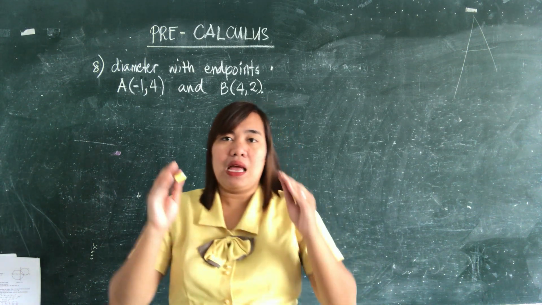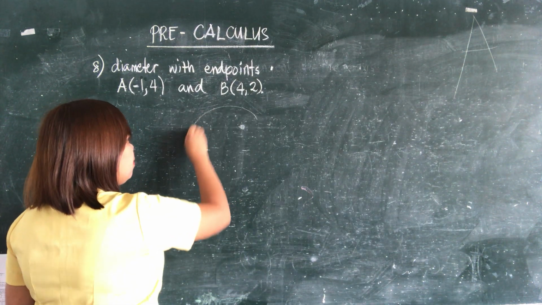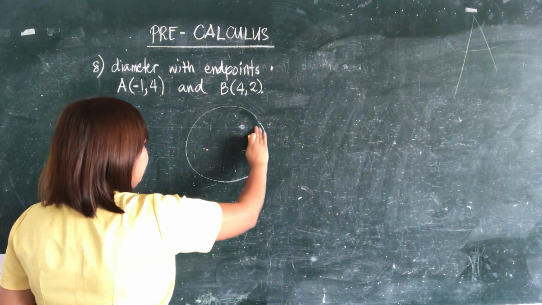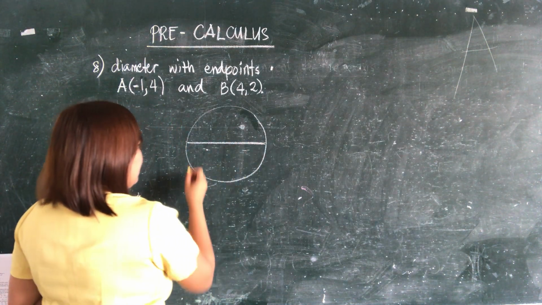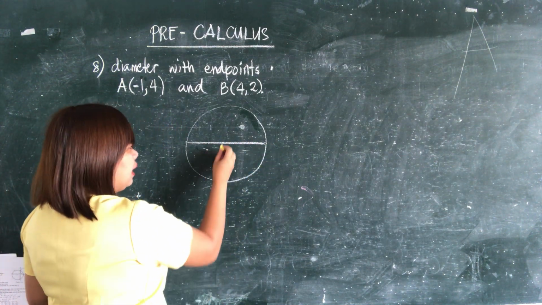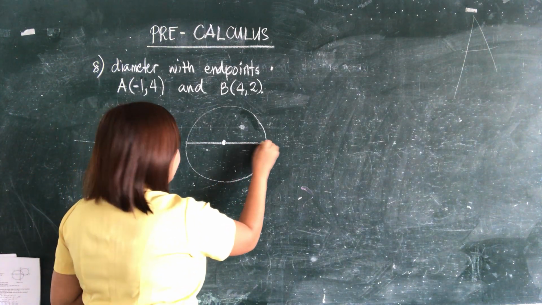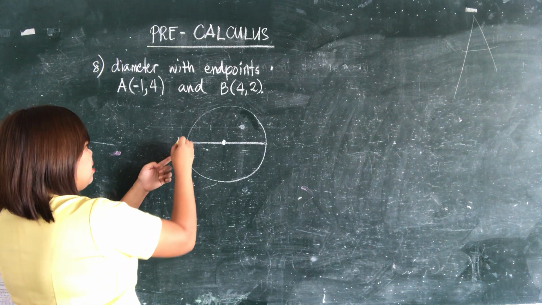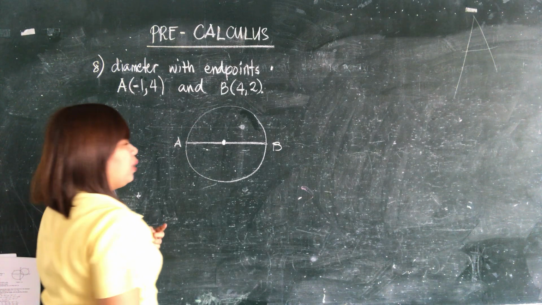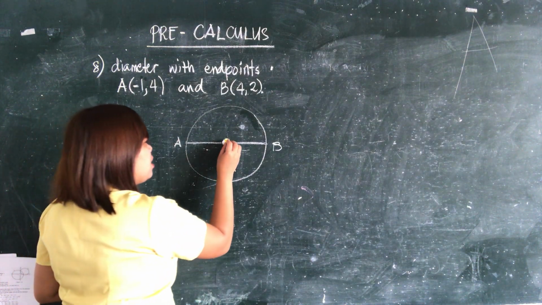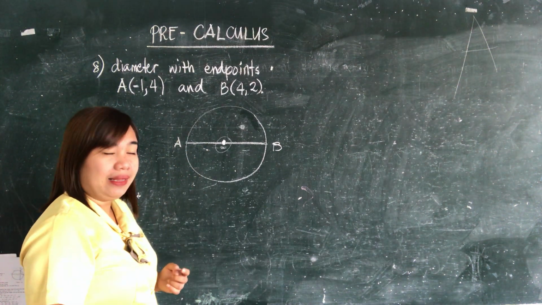So which means, pag i-visualize natin siya, if you have a circle, imaginary lang na perfect circle siya, then this line here is your diameter. Then you will have the center. If this will be your diameter, and this is your point A and point B, to get the radius, you need first to identify the ordered pair of your center.